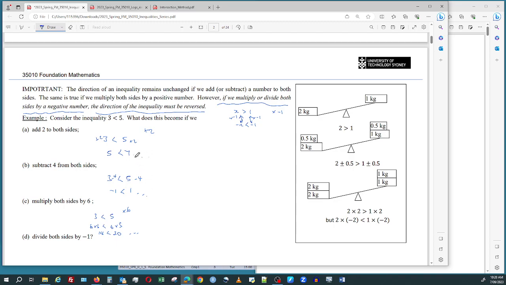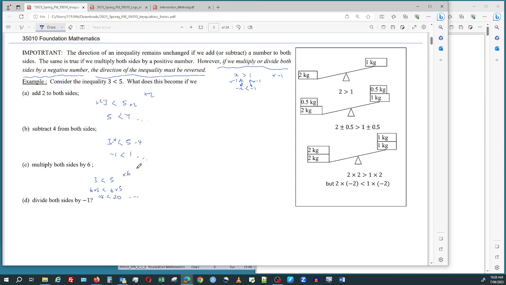We haven't changed anything. Okay, but this time we're going to do a division. We're going to divide the inequality, divide through by -1. So we're going to have 5 over -1. What you do to one side, you do to the other. And what's happened this time? Aha.